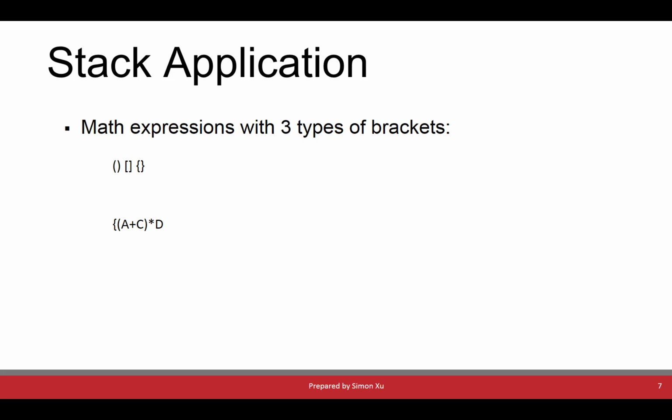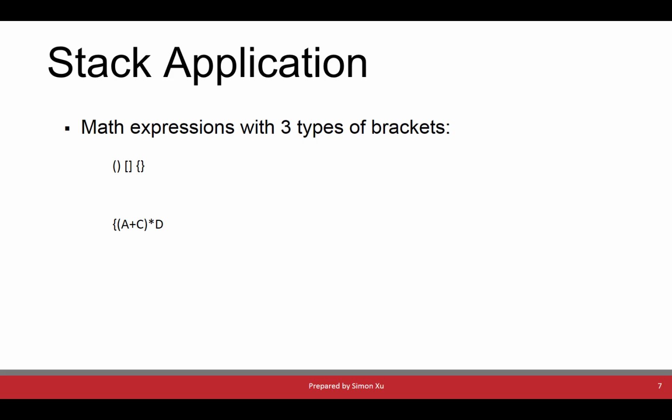It may be the case that the stack is empty and we have nothing to pop off to match the closing bracket, and then the brackets are not balanced. If there are items left on the stack after the string or expression has been scanned, then the brackets are not balanced again.